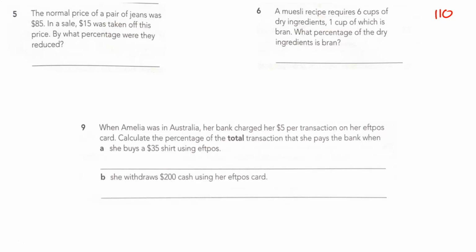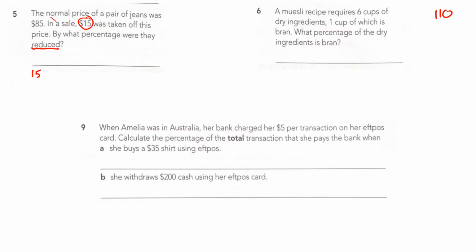So the key thing with all these sorts of questions is that you need to find the equivalent fraction and then take that fraction and turn it into a percentage. So first of all, we want to know by what they were reduced is the key phrase. So they were reduced by 15. So that's our starting point, 15.